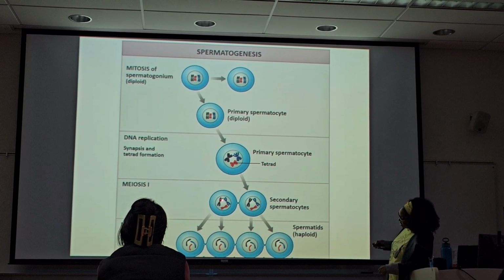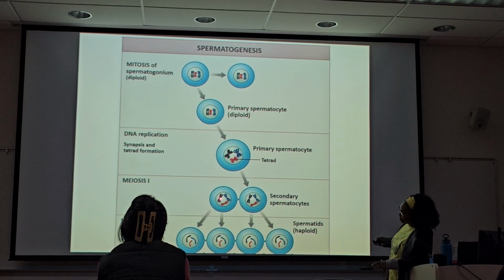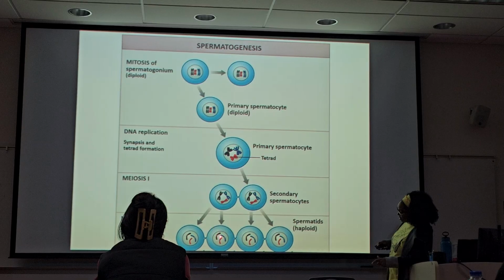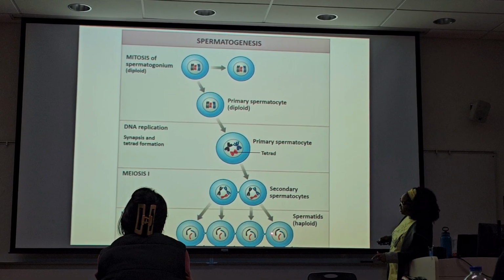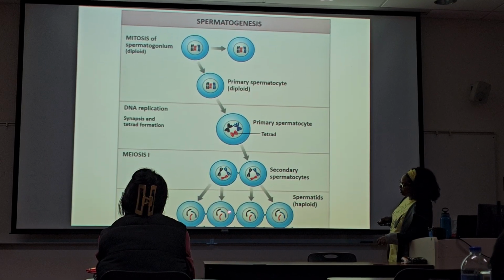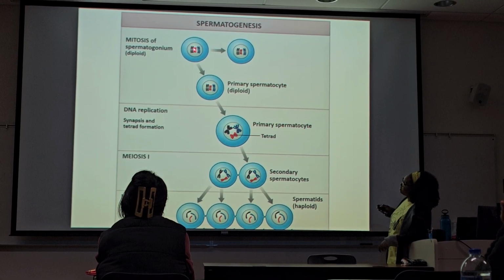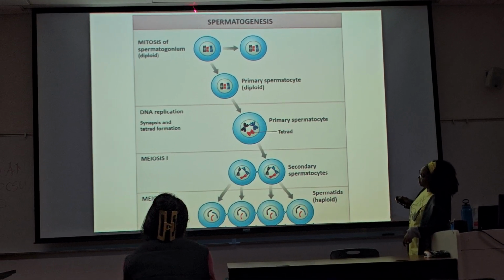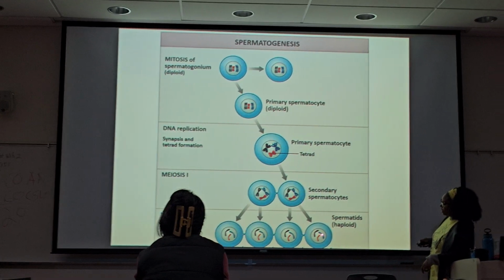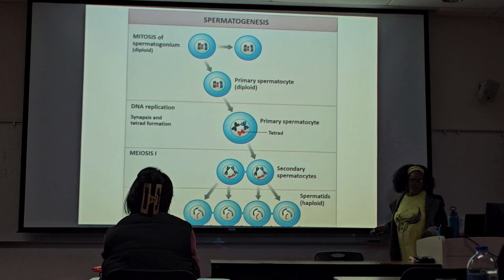We pull these what are called sister chromatids apart and deliver a set to each daughter cell. And now these daughter cells have 23 chromosomes compared to the original stem cell that had 46. So we went from diploid to haploid, and 4 haploid spermatids.